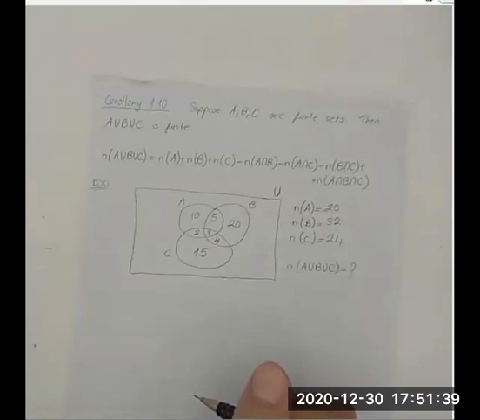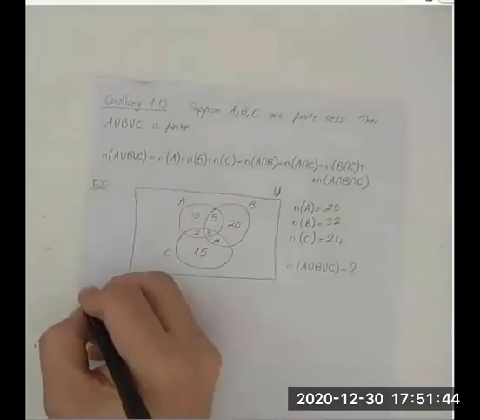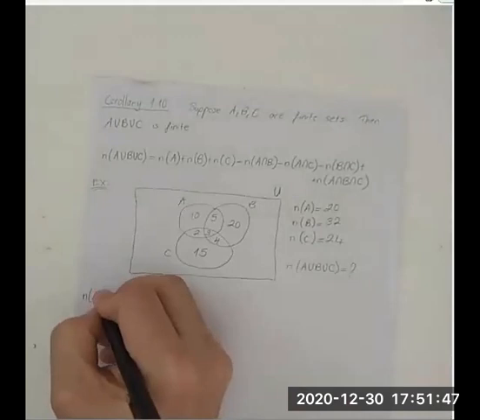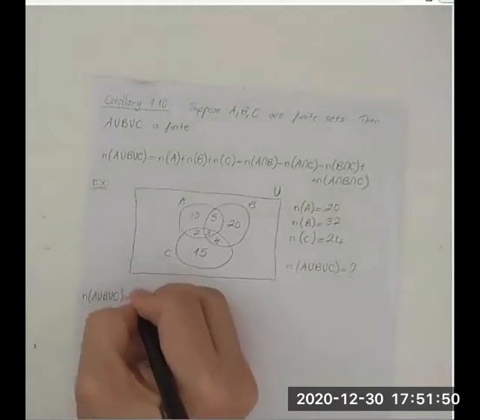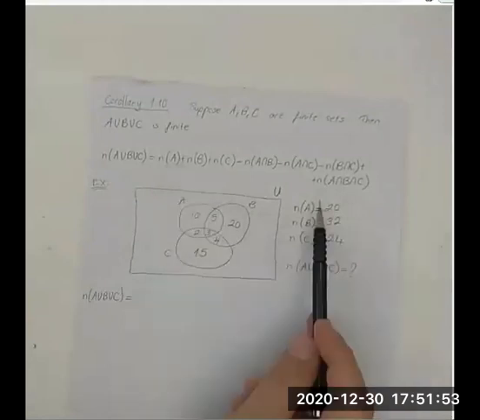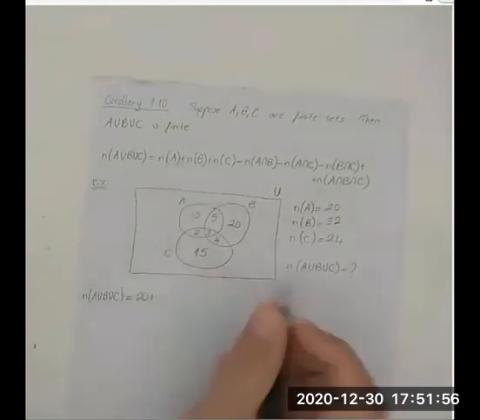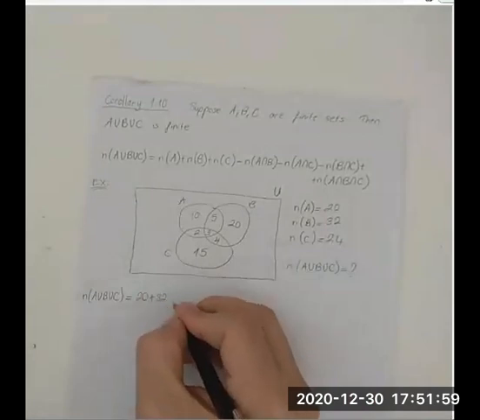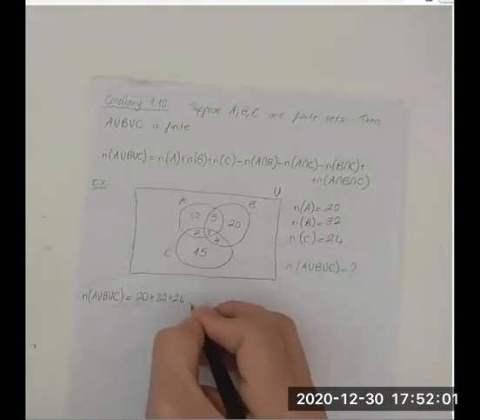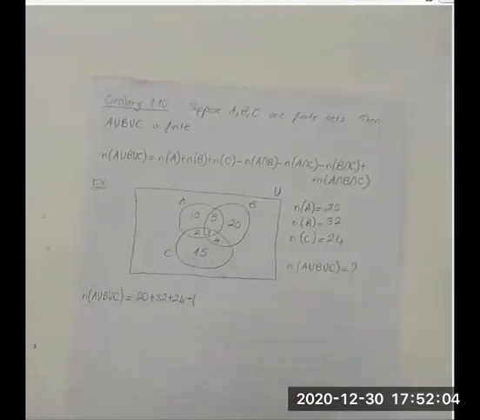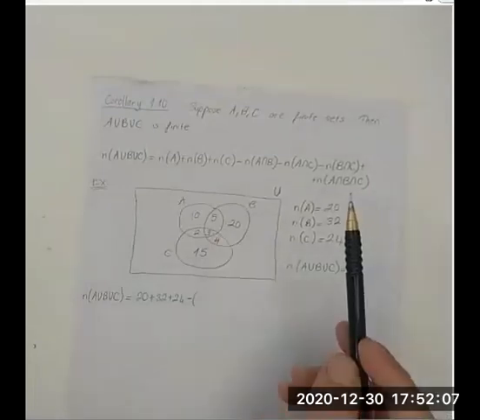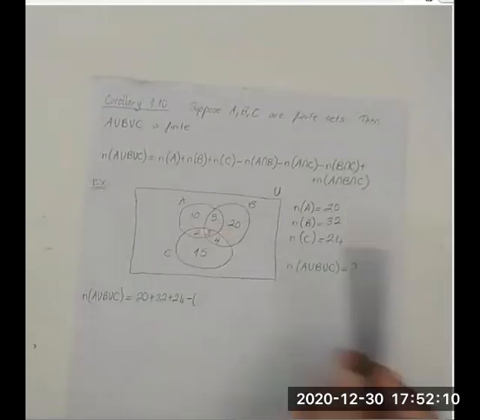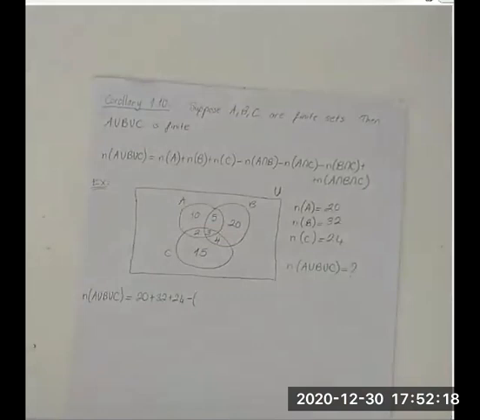We have to use that formula for the number of A union B union C. So the number of elements is 20 plus 32 plus 24 minus A intersect B. What do I have for A intersect B? 8, right? Okay, 8.